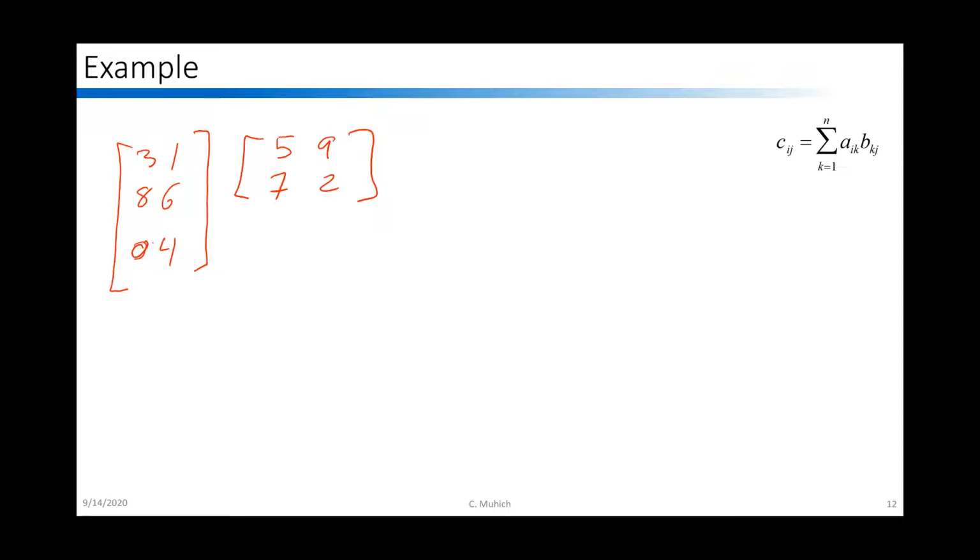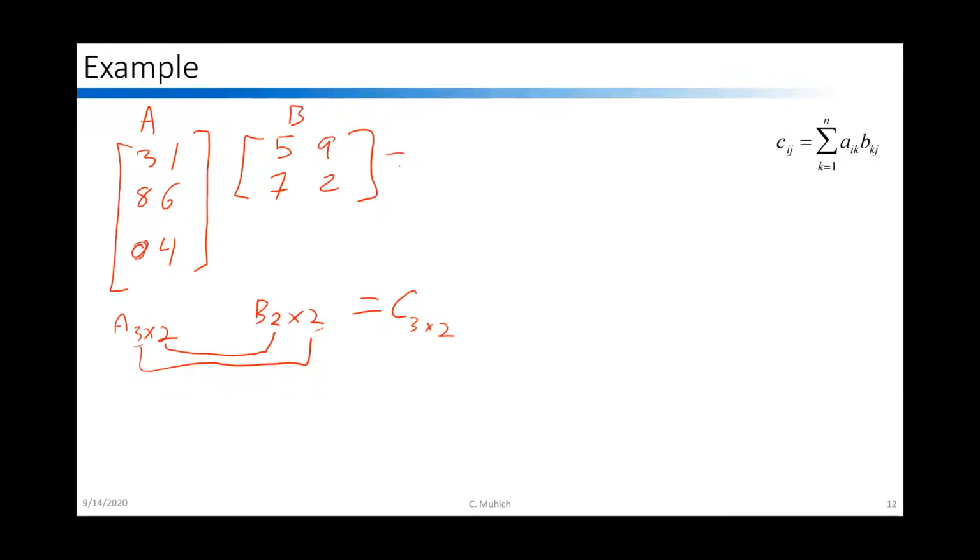So let's call this A and this B. So A is a 3 by 2 matrix, and B is a 2 by 2 matrix. So if I look, I can see that the inner dimensions agree, and we can see that my expected matrix has 3 rows and 2 columns based on the outer dimensions of A and B.